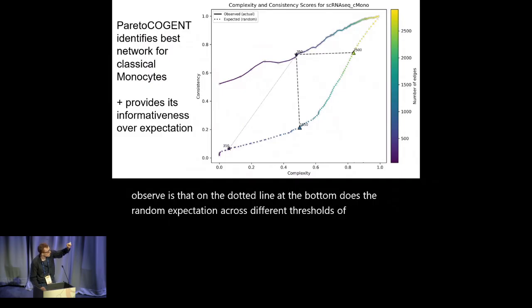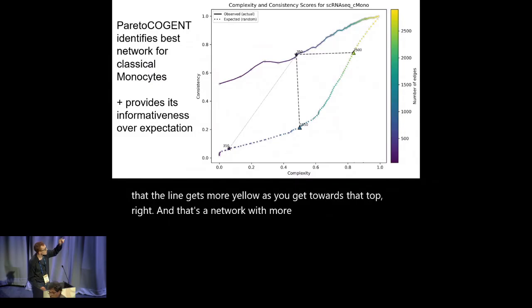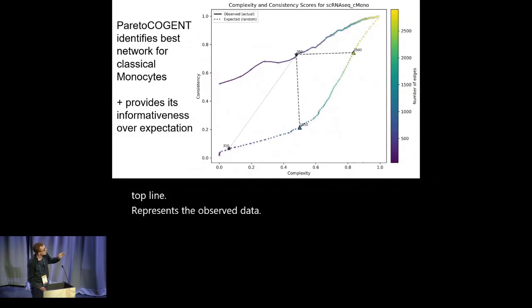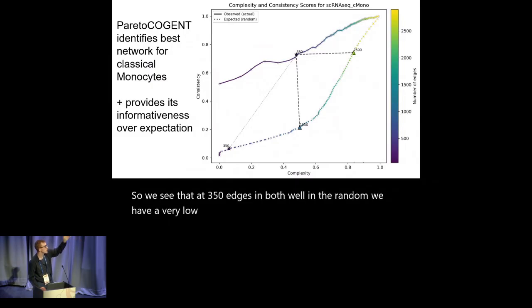The line gets more yellow as you get towards the top right, and that's a network with more edges. And the top line represents the observed data. So we see that at 350 edges, in the random, we have a very low consistency and complexity. In the observed data, we have a very high complexity and consistency.